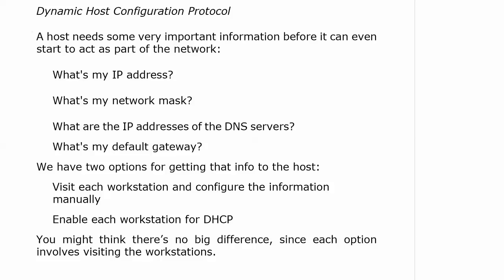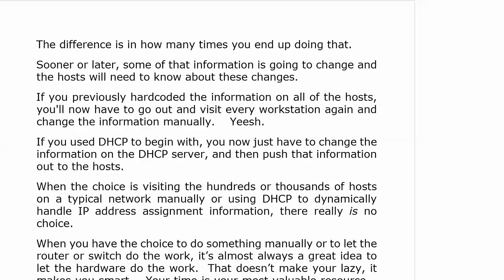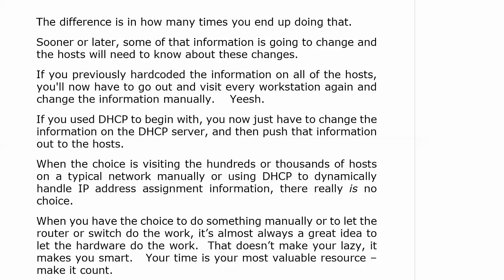Visit each workstation and configure the information manually, or enable each workstation for DHCP. Now you might think there is no big difference there since each option involves visiting the workstations. Well, that's true. We have to, as we say, touch the PC once. The difference, my friends, is in how many times you end up doing that.